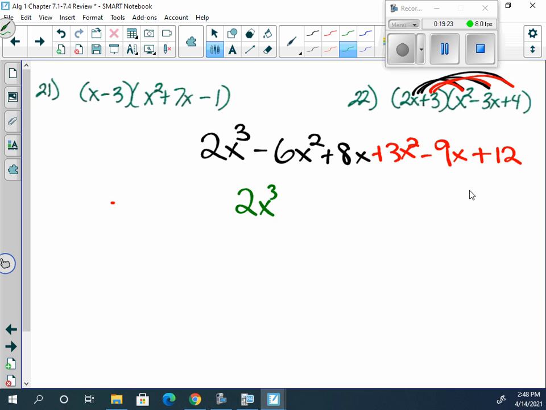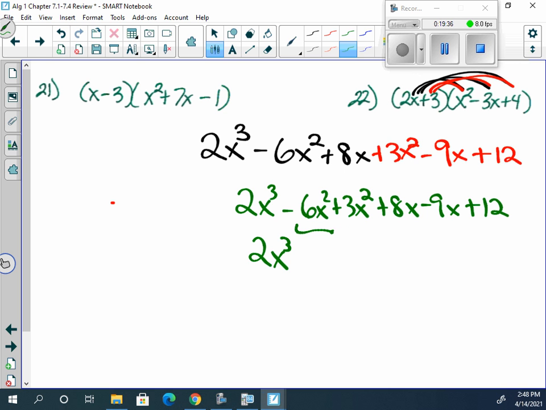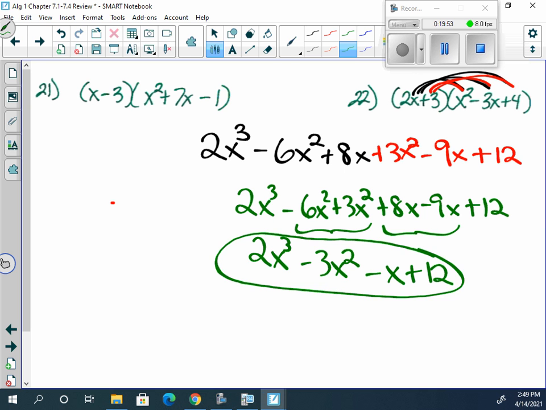Well, at this point here, we can group our like terms together. Now, 2x cubed doesn't have any like terms, but our x squareds do. Negative 6x squared plus 3x squared would give us negative 3x squared. 8x minus 9x would give us negative x.